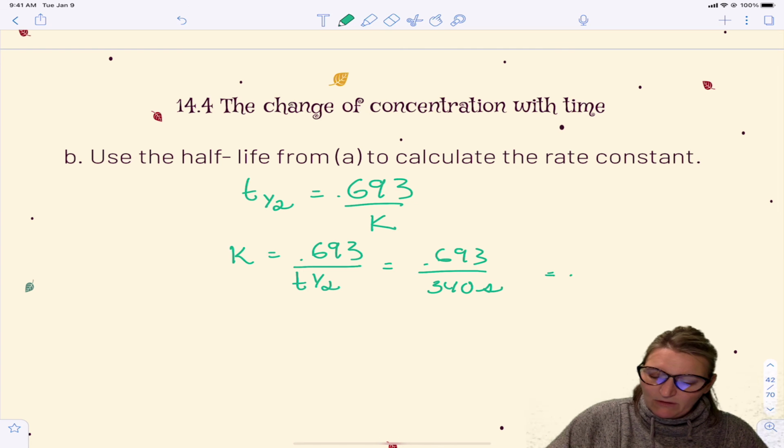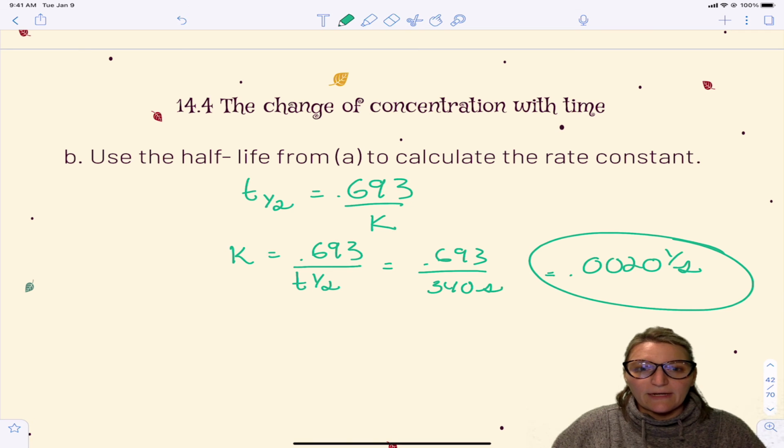So the k would be equal to 0.0020 and the units would be inverse seconds. Pretty straightforward. All of these formulas are intimidating, but you are given the formulas, so you don't need to memorize them. It's plugging in and solving. So pretty simple algebra.